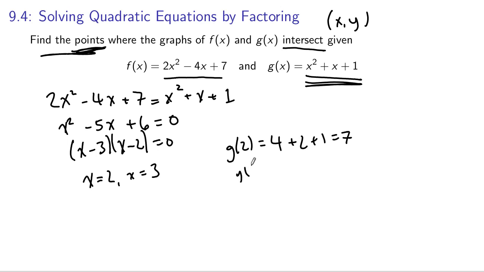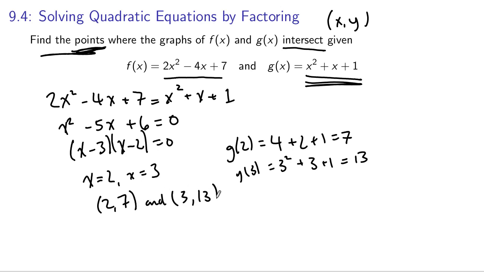And g of 3 would be 3 squared plus 3 plus 1, which is 9, plus 3 is 12, plus 1 is 13. So the points would be 2, 7, and the x value is 3, the y value is 13. And that is the answer to the question that's being asked. When it asks about points, we need to give points as the answer.